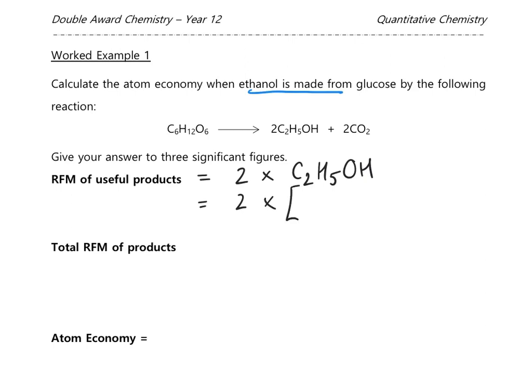So let's work out the RFM of ethanol. How many carbons do you have? So it's 2 times 12, which is the relative atomic mass of carbon. How many hydrogens? And be careful about this. There's actually 6. So if you look here, there's 5, plus this one is 6. So 5 plus 1 is a total of 6 hydrogens. What's the mass of hydrogen? 1. And then what am I adding on? 16, because I have 1 oxygen.